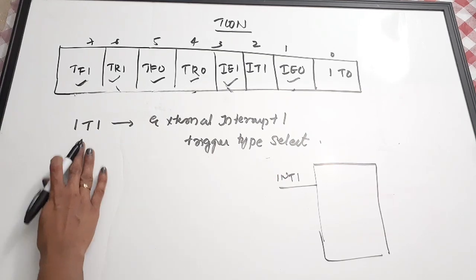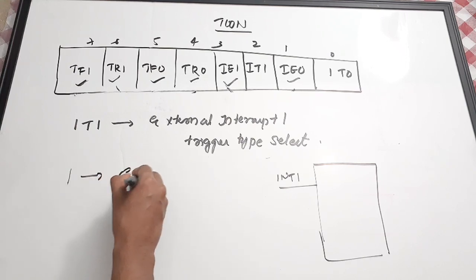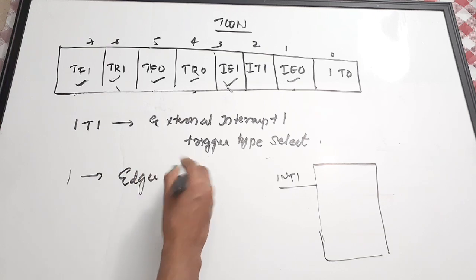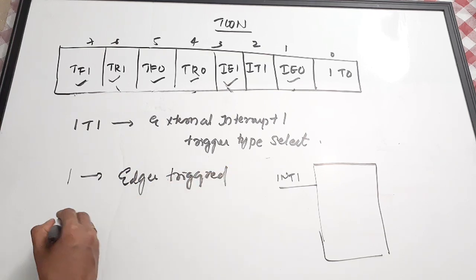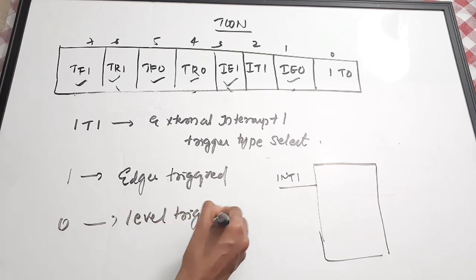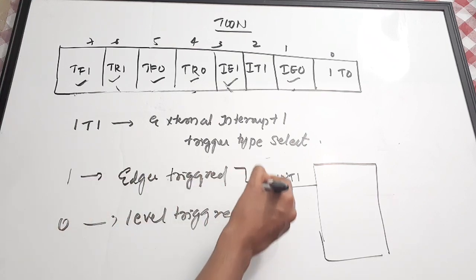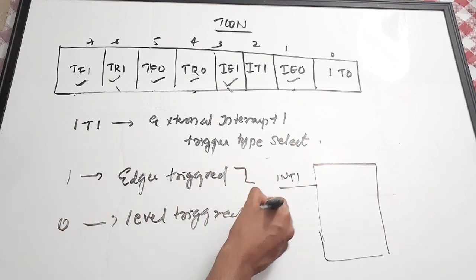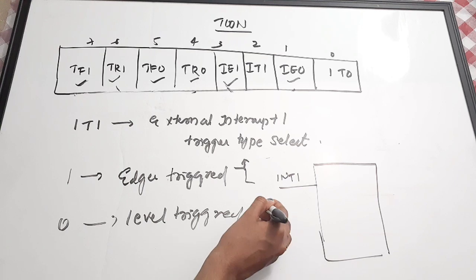Now if this field is set as 1, it is an edge triggered interrupt, and if it is 0, it is level triggered. I hope it is clear. Sorry, this is high level, this is low level.